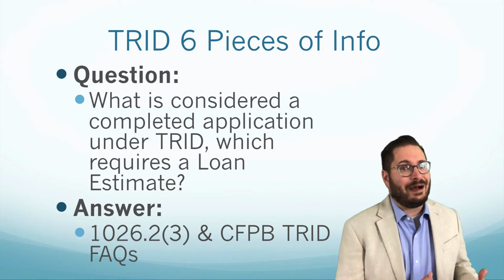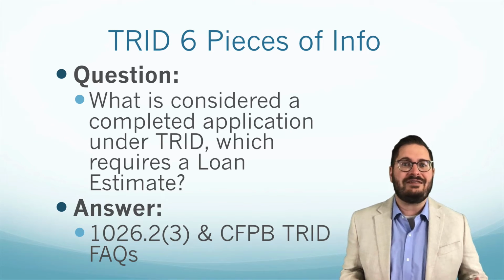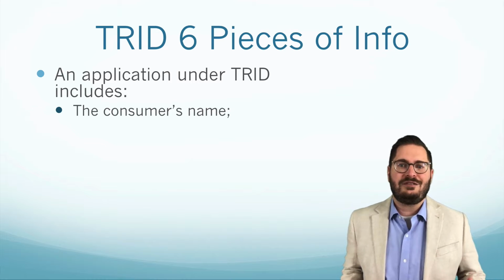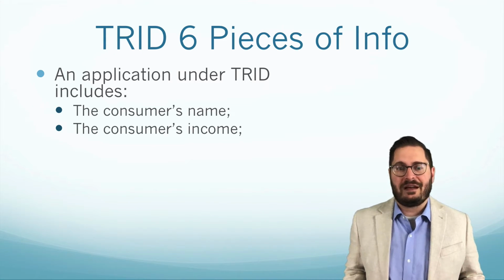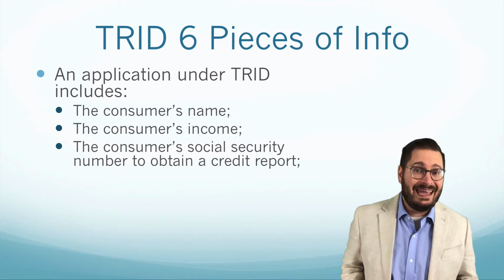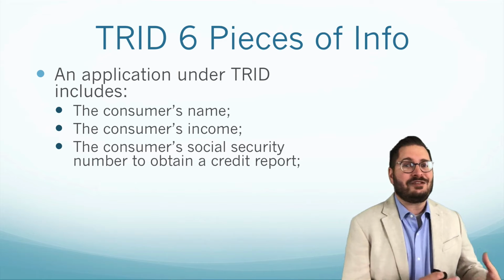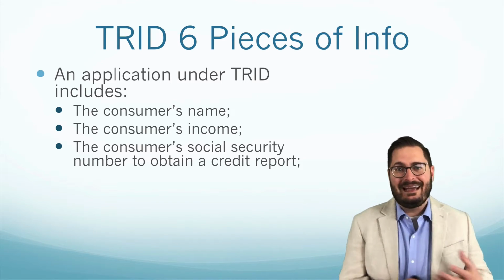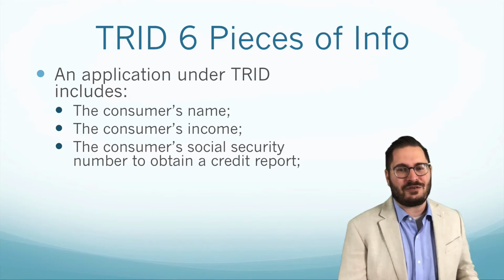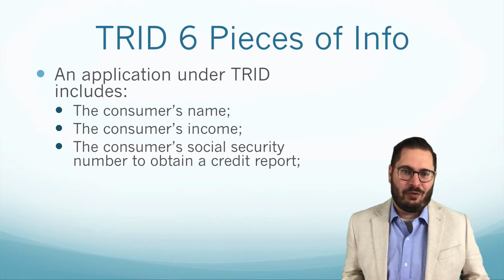The credit report is not one of those 6 pieces, and the credit report is not the trigger. What is the trigger is receiving 6 pieces of information, and those include, number 1, the consumer's name, the consumer's income, the consumer's social security number in order to obtain a credit report. So once you have the social security number, that is the triggering piece of information on this bullet point. It's not pulling the credit report, it's obtaining the social security number so that you can obtain a credit report.